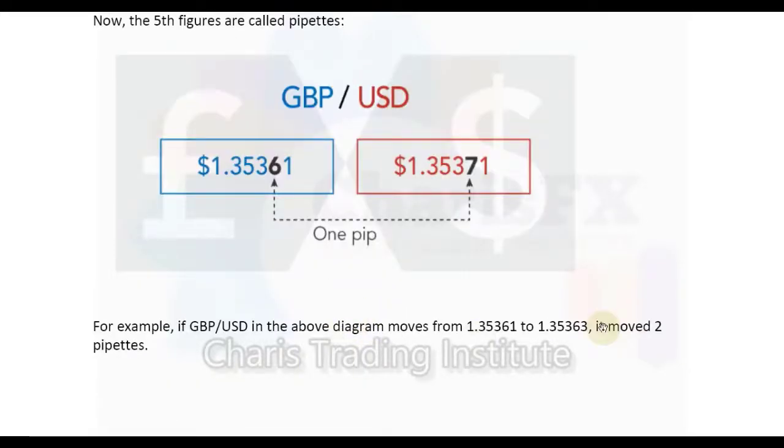A pipette. The 5th decimal point is called a pipette, while the 4th decimal point is the PIP movement. And we're interested in measuring the PIP movement. So once there's an increase or decrease on the 4th decimal point, we know that there is a PIP movement, either to the upside or to the downside.